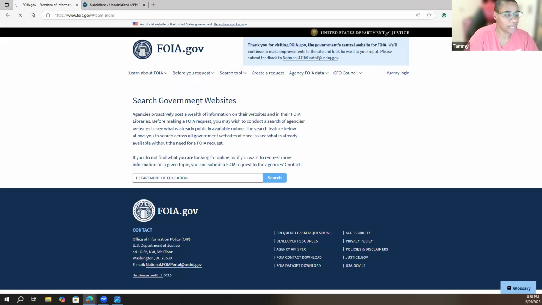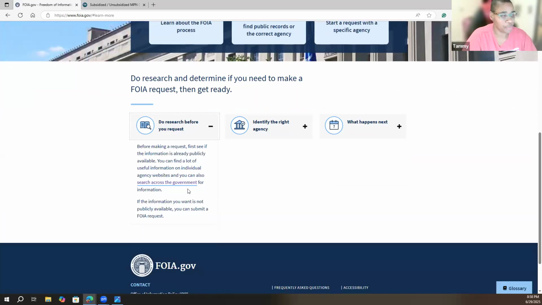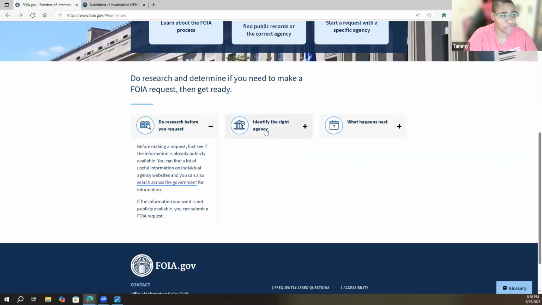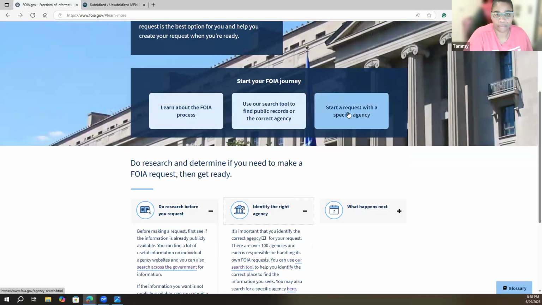But here we've got research, okay? Do your research before you request, identify the right agency, and what happens next. Before you request any documents, they want you to search through the different government sites. You can do searches all you want, but if you don't find what you're looking for, or you just don't want to work the website, you can always use their search tool or just go straight ahead and start your request.